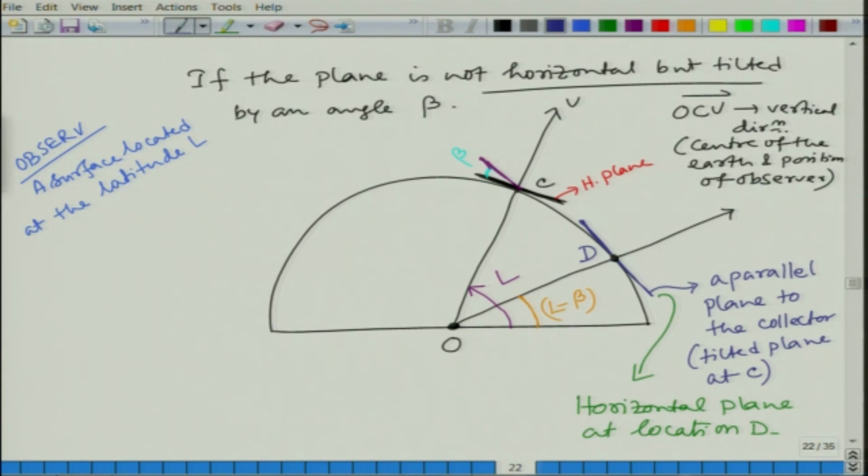Okay. This whole thing is not a 3-dimensional thing, but you can think of all the things are lying on the plane of this board. Okay. So, this angle is L minus beta, this is very important. Now, so a surface located at the latitude L tilted towards the equator, this is an important clause, we will see what it means later.